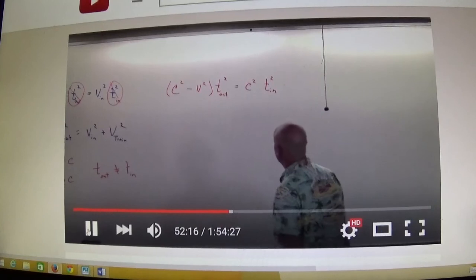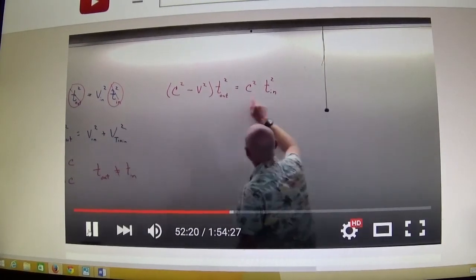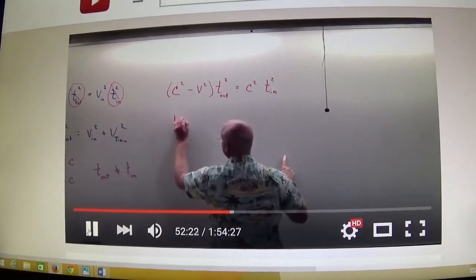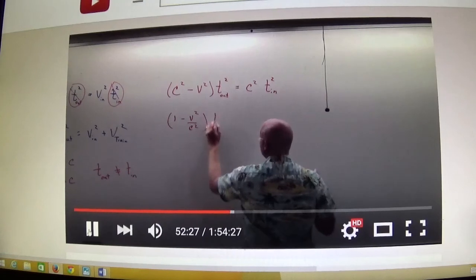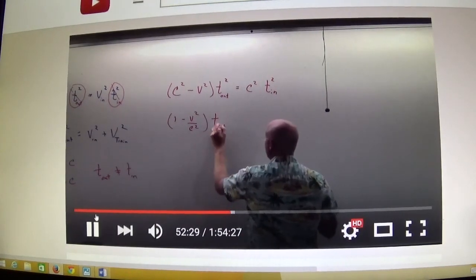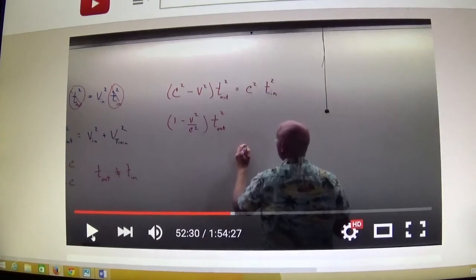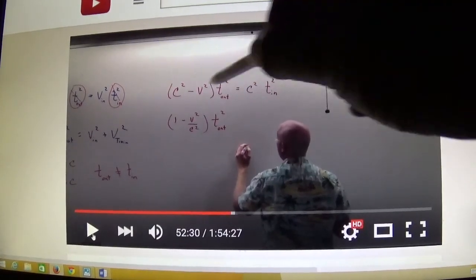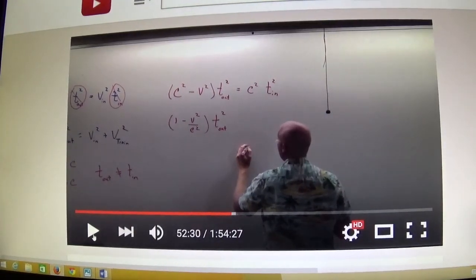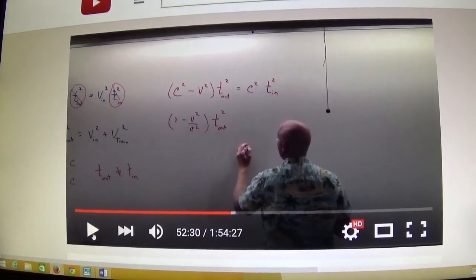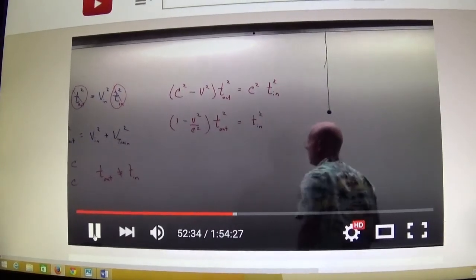Let's see if we can work out how they're connected together. I think if you put the c squared over here, you'll see 1 minus v squared over c squared would then equal the time on the outside squared, in a sense, you can look upon this as dividing this equation through by c squared, equaling the time on the inside squared.